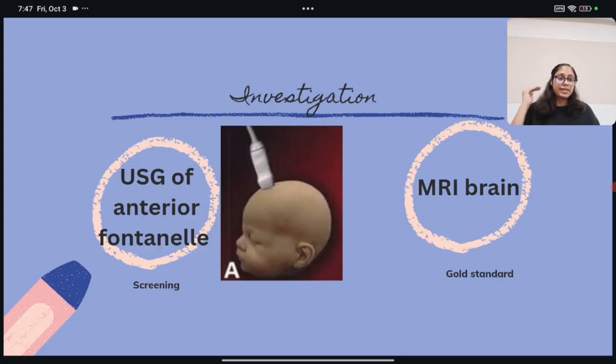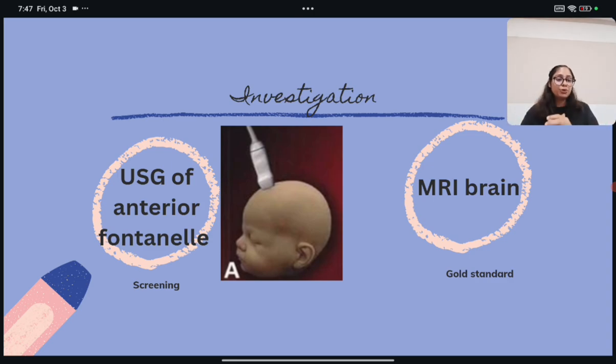As you know, a fetus will have an anterior fontanelle and a posterior fontanelle. The anterior fontanelle is in a diamond form, while the posterior fontanelle is in a triangle form. So it is easy to check in the anterior region, right? The bigger the space, the more easily you can see.